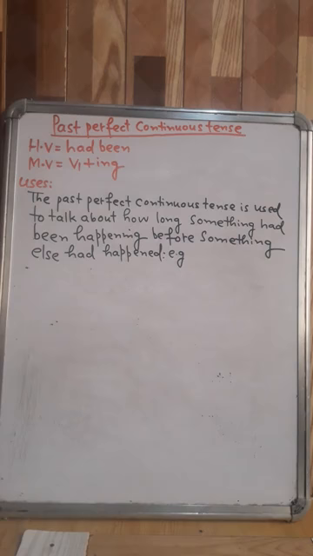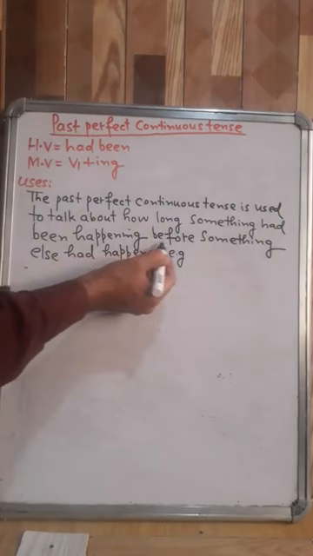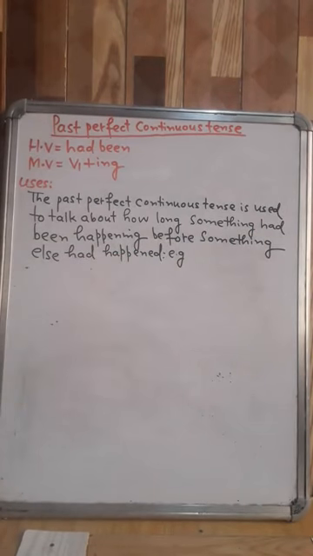Now let's learn the uses of past perfect continuous tense. The past perfect continuous tense is used to talk about how long something had been happening before something else had happened.